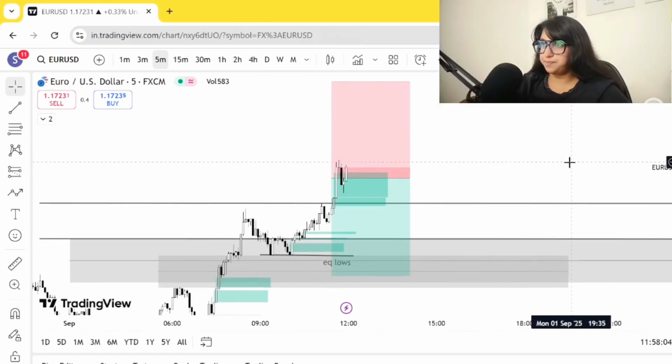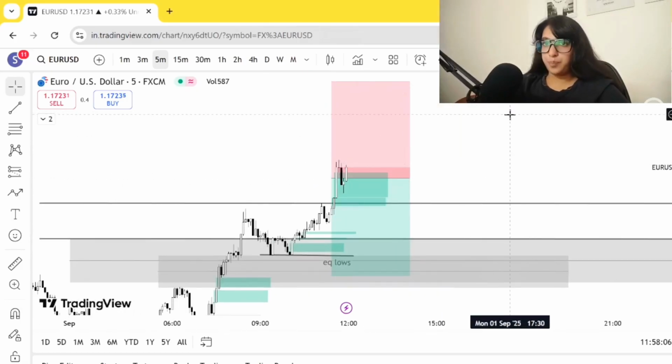Let's see. Technically, you have to see the sweep. You have to see a bearish fair value gap. Third, you have to see the break of structure to confirm that it's going in your direction.